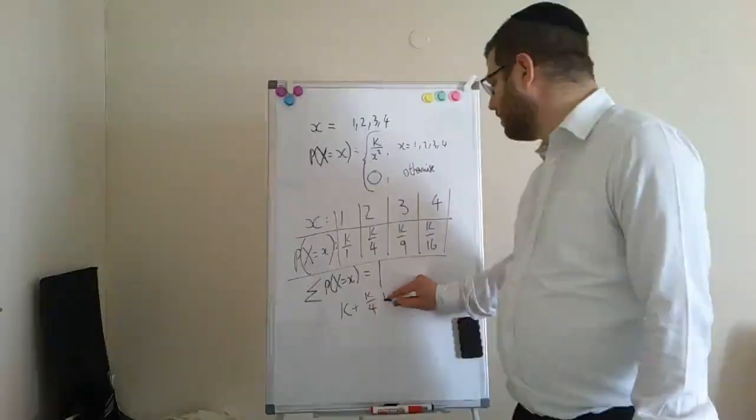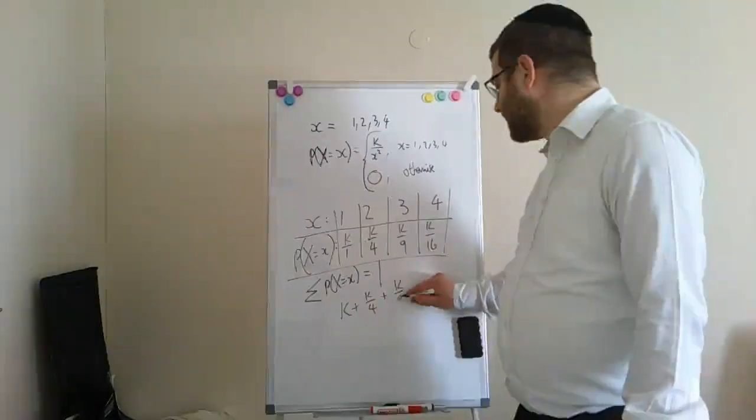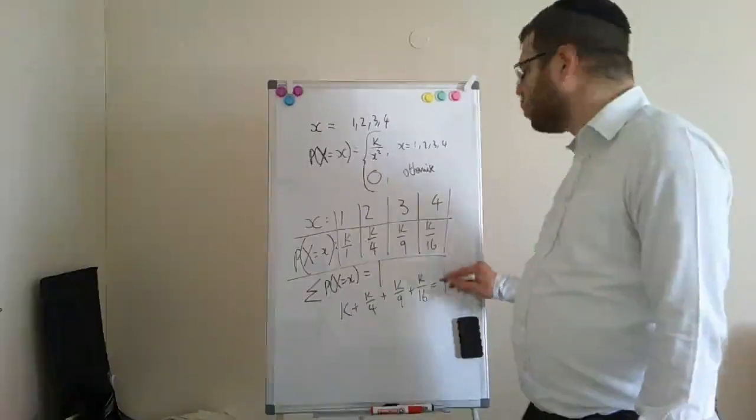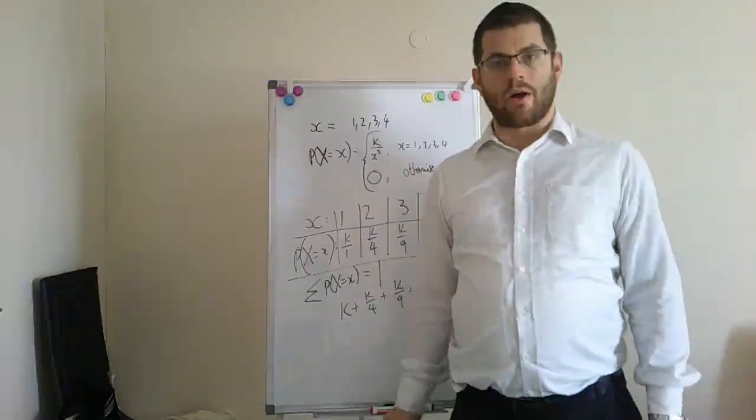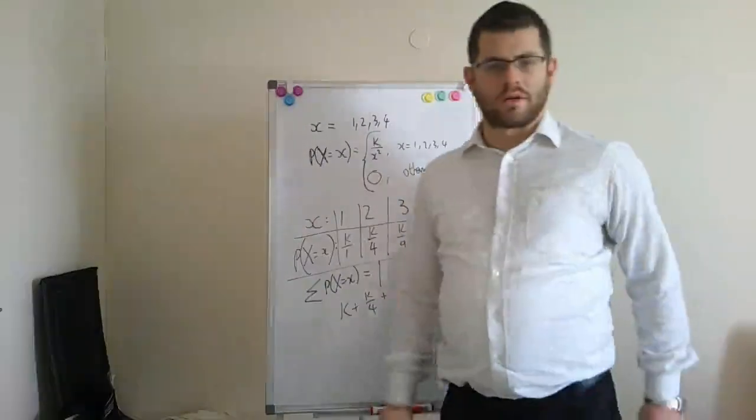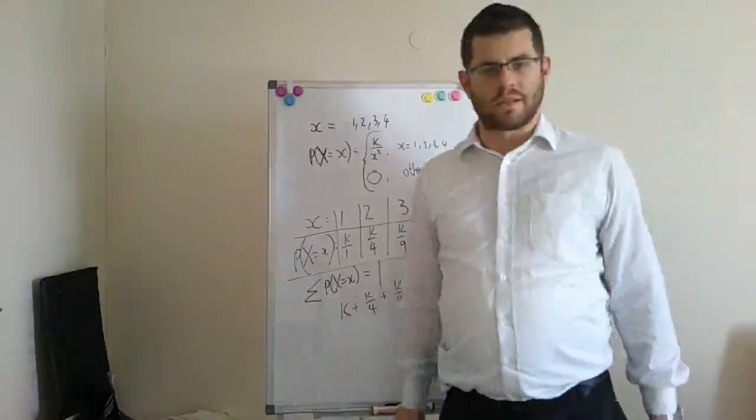So I end up with k plus k over 4 plus k over 9 plus k over 16 must equal 1. And you have to solve for k out of that. I wouldn't recommend trying to get common denominators. You can, it's just a bit messy.